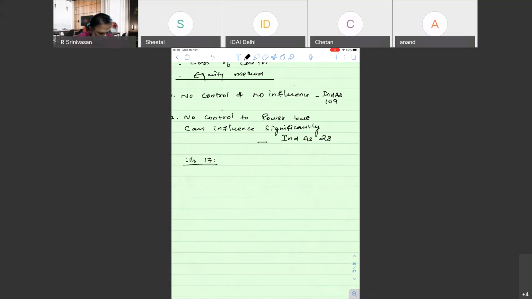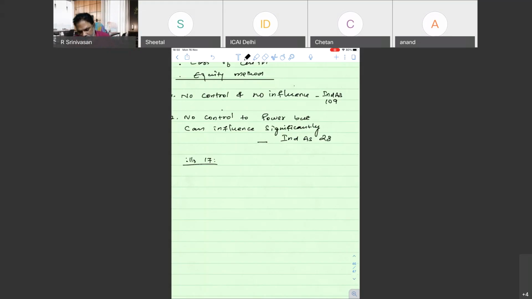In case 1, what is the first one? State whether the investment in shares of Q by P requires preparation of consolidated financial statements and separate financial statements. They say in cases 1, 2, 3, P Limited requires preparation of consolidated financial statement for its investment in Q Limited. Because here the first one entails 20% voting power and significant influence, then it is a joint venture.